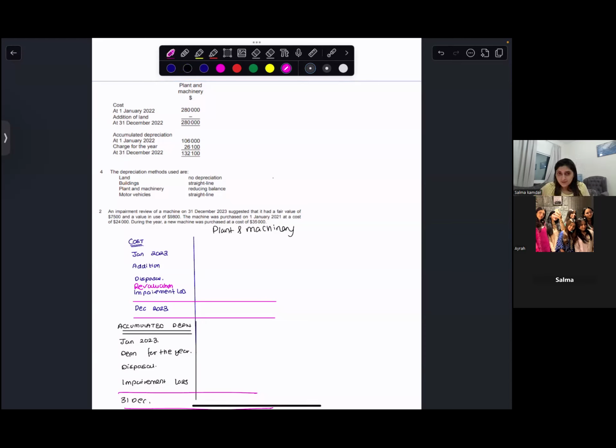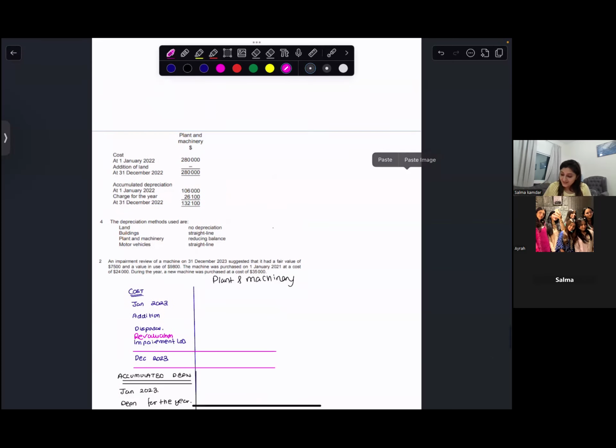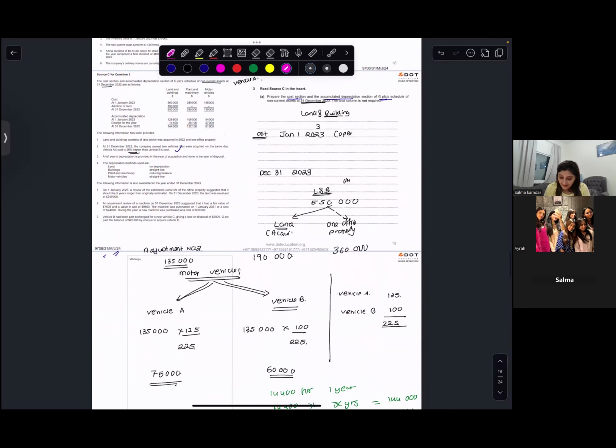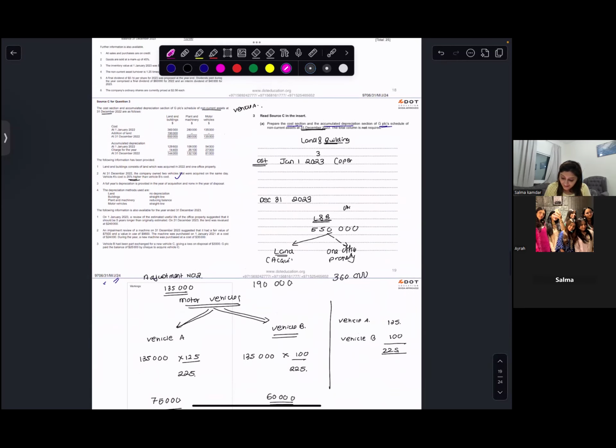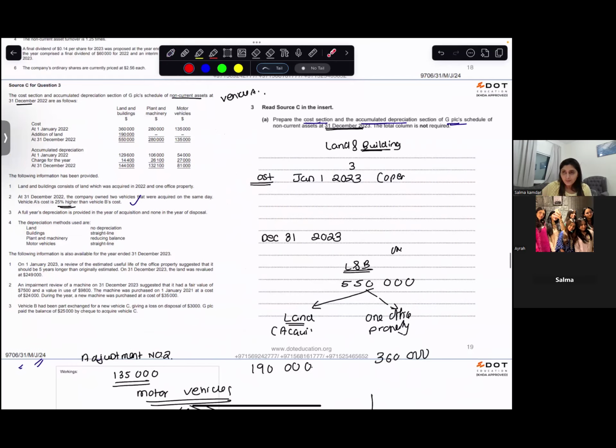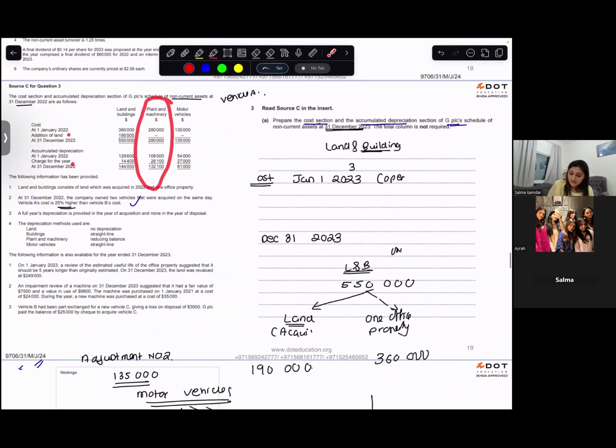So we are to prepare this non-current asset schedule. We did our first adjustment related to land and building, right? Then our second adjustment is related to the plant and machinery. If I look over here, I will see all the adjustments related to plant and machinery: the cost and accumulated depreciation section.